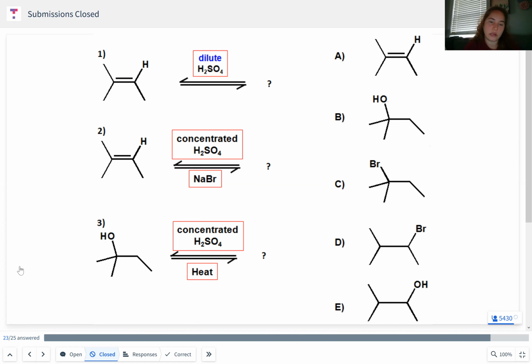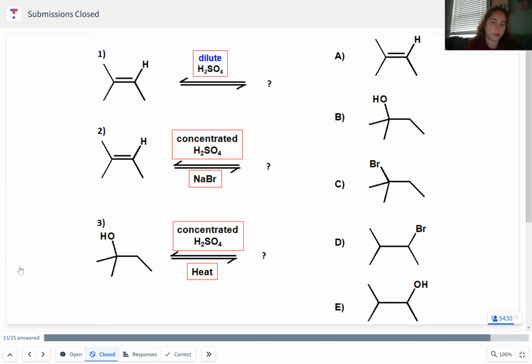And is this going to be a Markovnikov or anti-Markovnikov process? Anti? No, it's just going to be Markovnikov. There's no peroxide present, so it's not going to be anti. So is it going to be C or D? C, right.